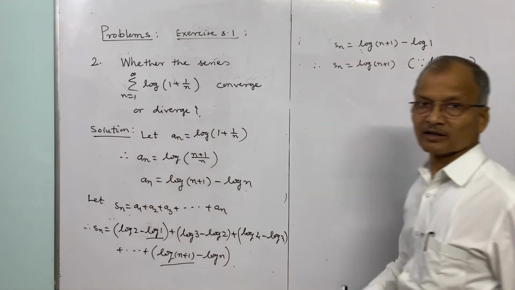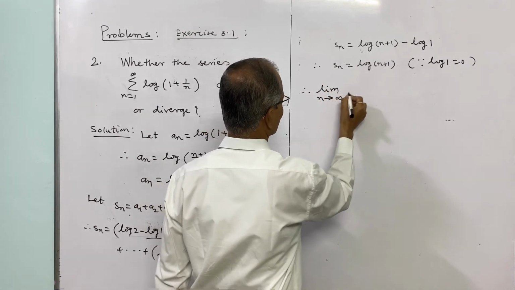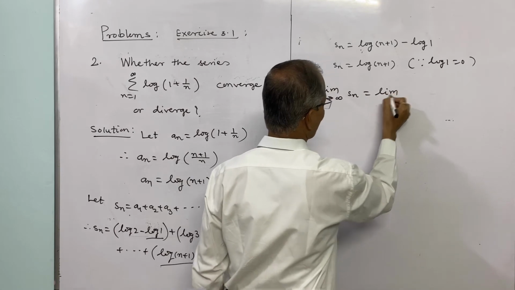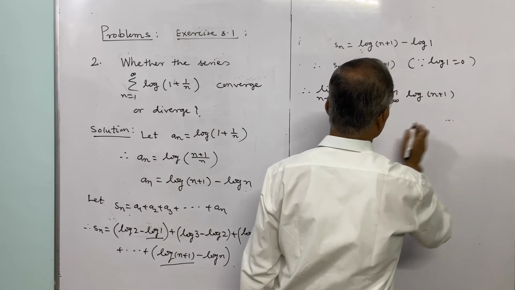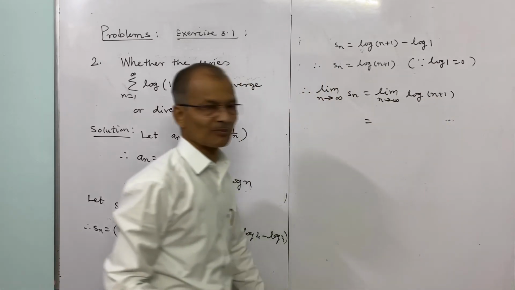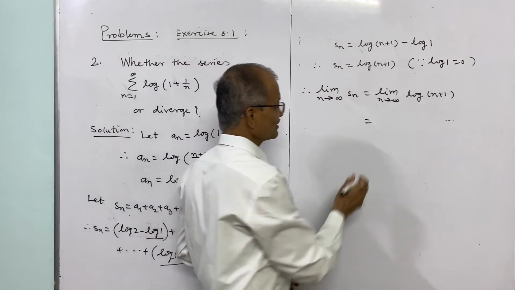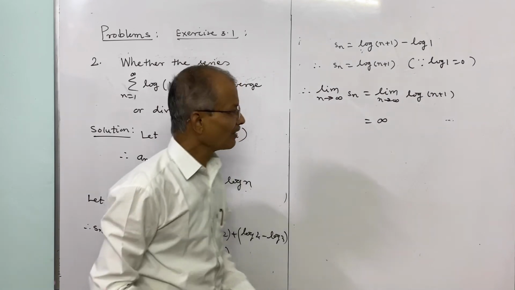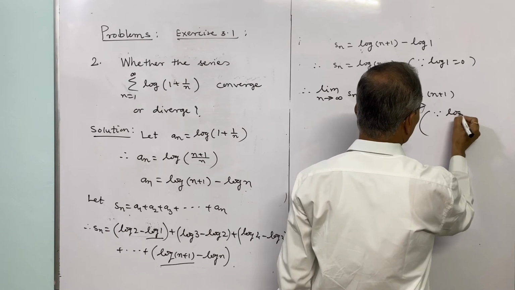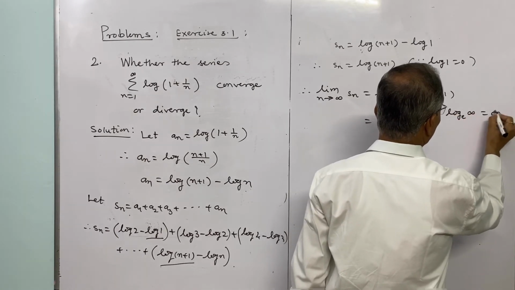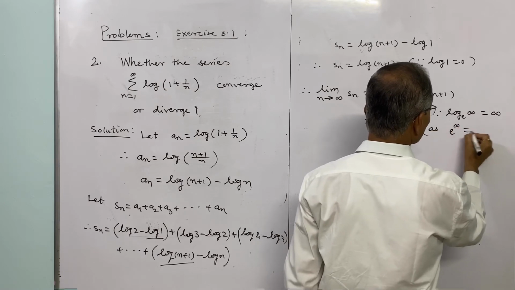And now we will take the limit as n tends to infinity of Sn, which is equal to the limit as n tends to infinity of log of (n plus 1). As n tends to infinity, n plus 1 tends to infinity, and log of infinity is infinity, to the base e, since e to the power infinity is equal to infinity.